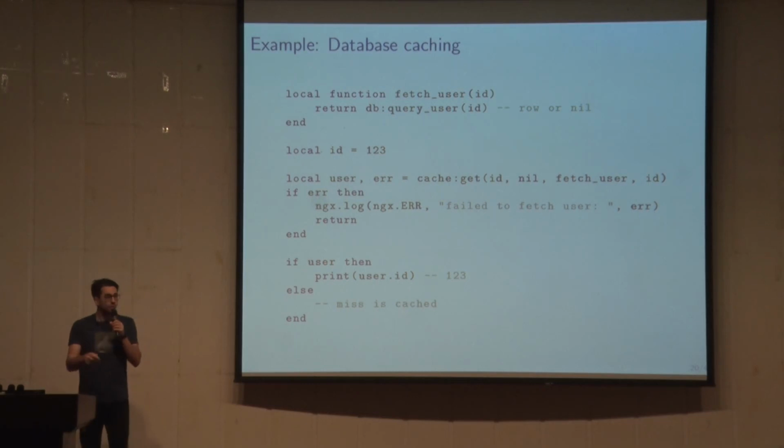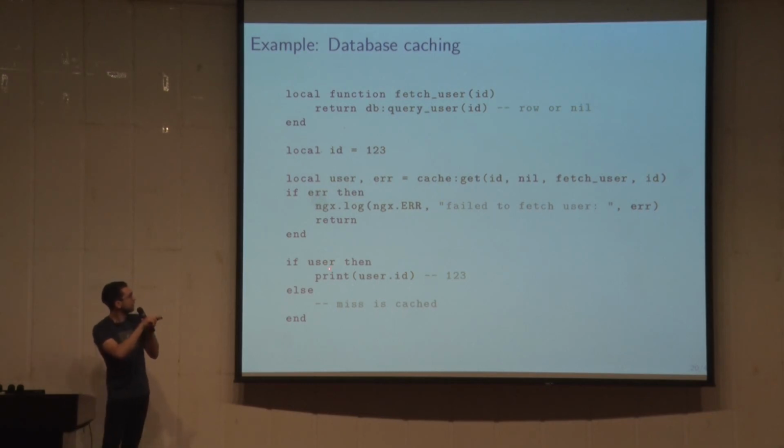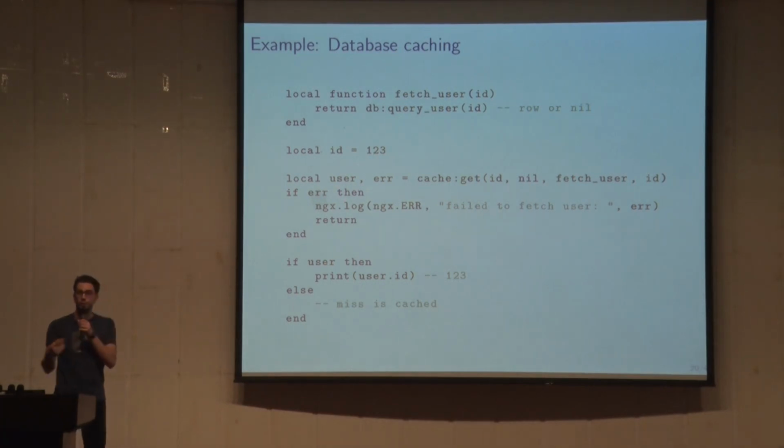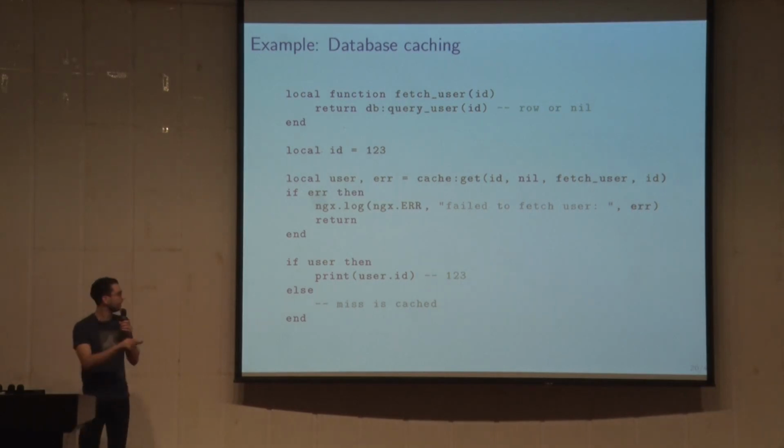The important thing to note here is that if I have an error, the error return value is the value that you should check for errors that are reported, but you should not check whether the first return value is nil or not, because nil in mlcache has a very particular meaning.